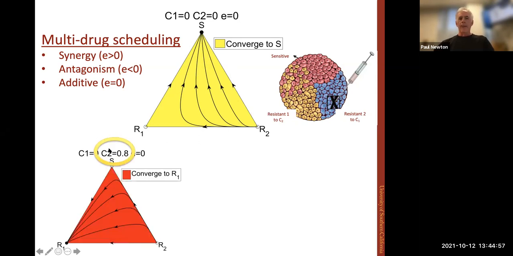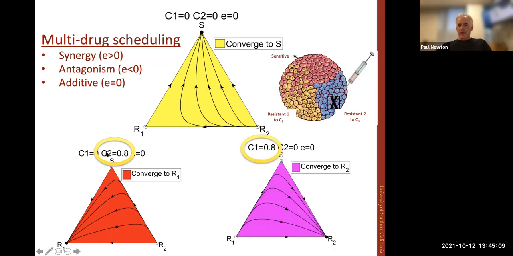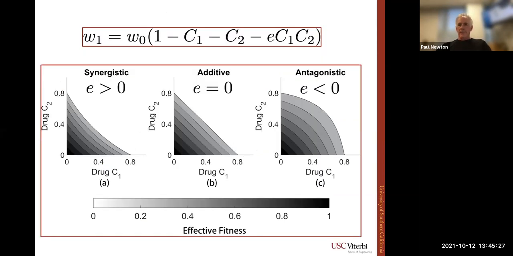On the other hand, when C2 is large enough, so when one of the drugs is turned on, then all of the trajectories converge to the R1 corner because these are the cells that are resistant to drug 2. And when C1 is on, large enough, then all of the trajectories converge to the R2 corner because these cells were resistant to drug 1. And so we can use that information and toggle and design trajectories using all that information.